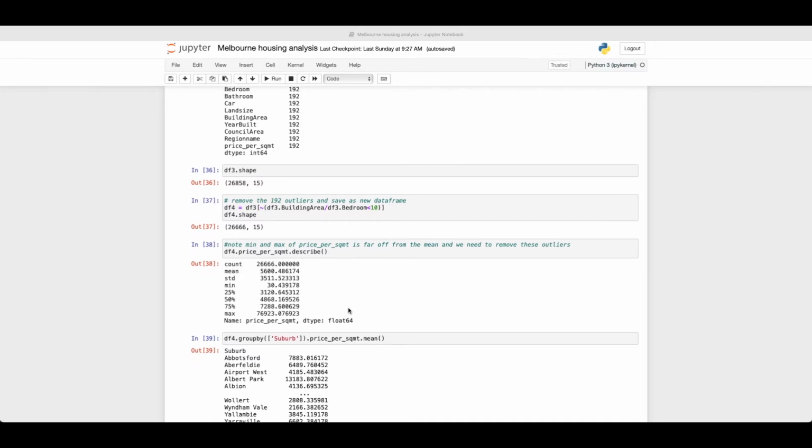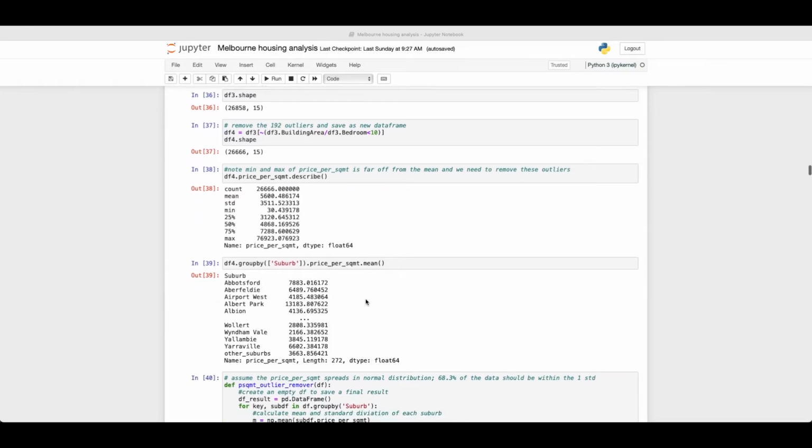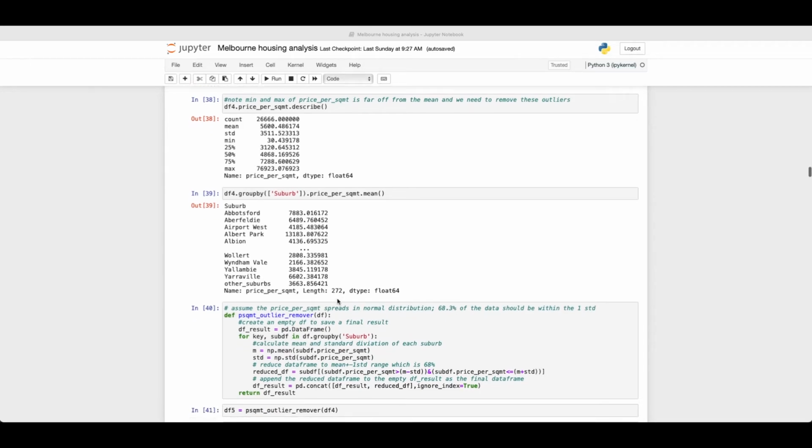I basically assume the price per square meter distribution is spread out as a normal distribution. So I calculate the mean and use the mean plus and minus 1 standard deviation, which covers 68.3% of the data, and we keep the 68.3% of the data, and the rest will be filtered out.